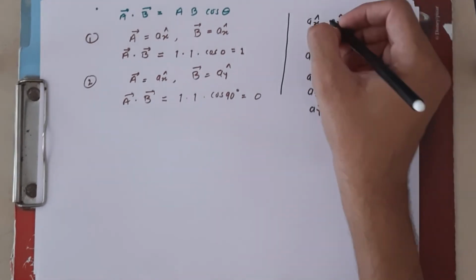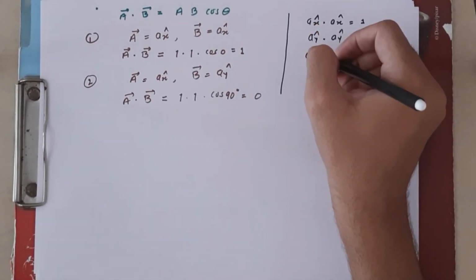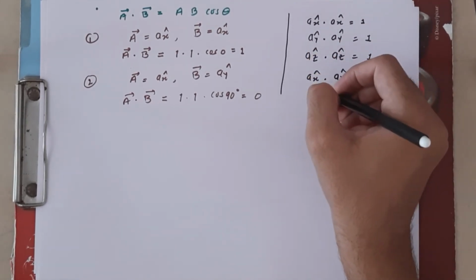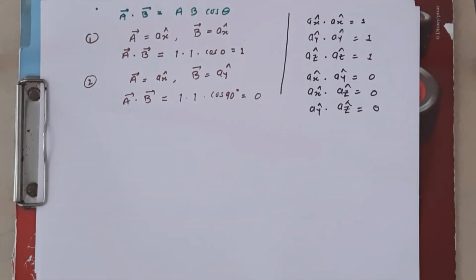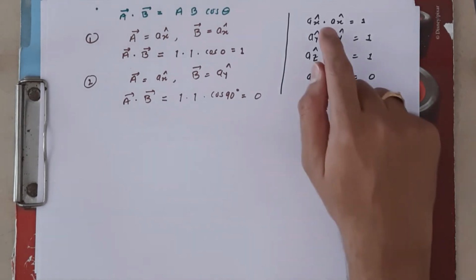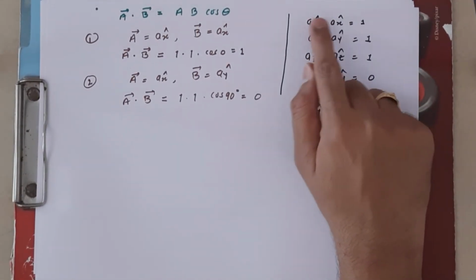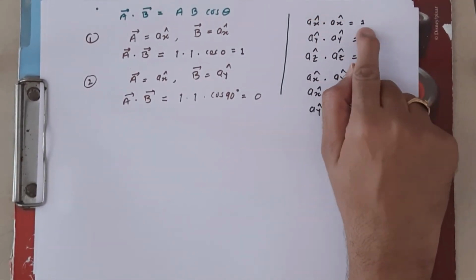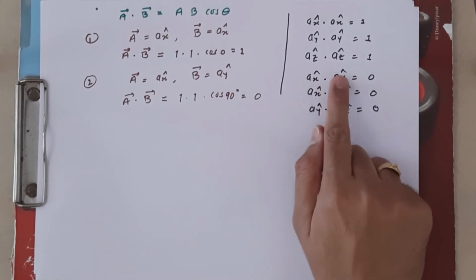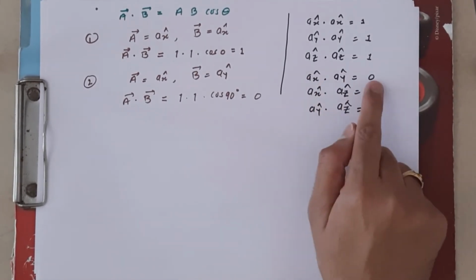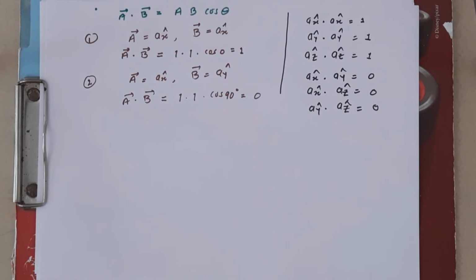This is nothing but the dot product between two unit vectors. So finally we can conclude that the dot product between two same unit vectors is 1, but the dot product between two different unit vectors is 0.